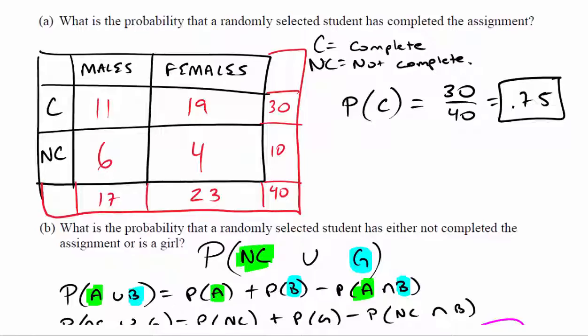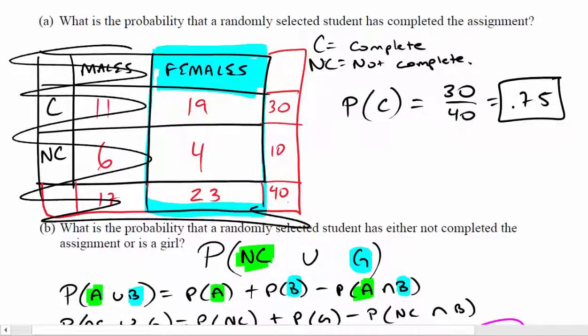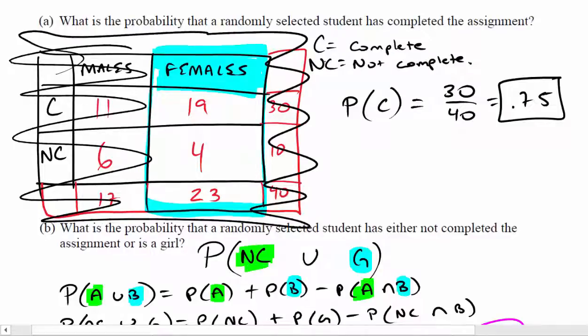all we're doing is isolating the female population. So we're only looking at this. Nobody else in this table happens to exist. So we know we're choosing a female. There's 23 of those females. And what we're wondering is, what is the probability that of those 23, it's one of those that completed it?